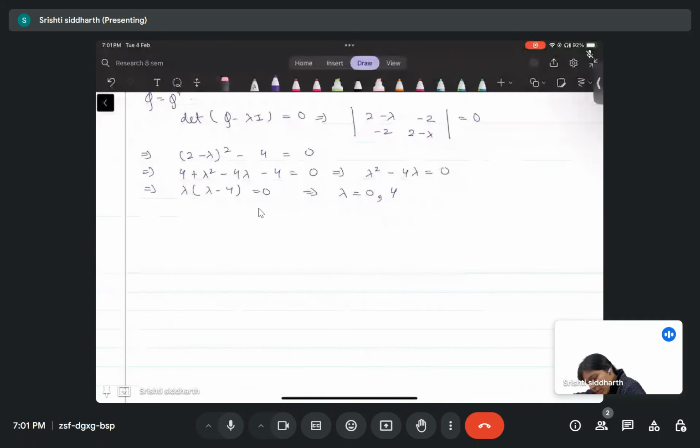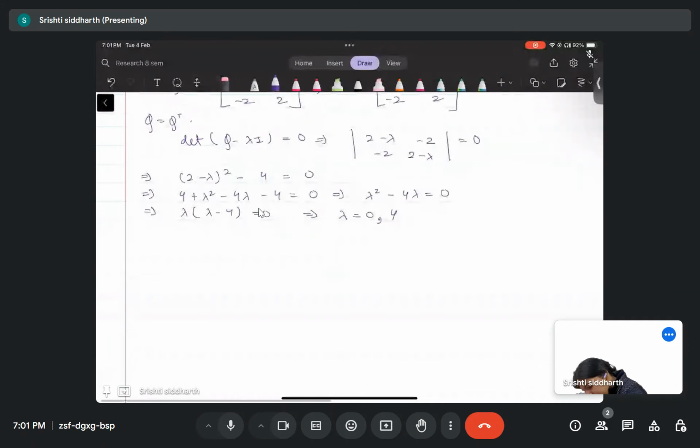So okay, Q is positive definite. Correct?